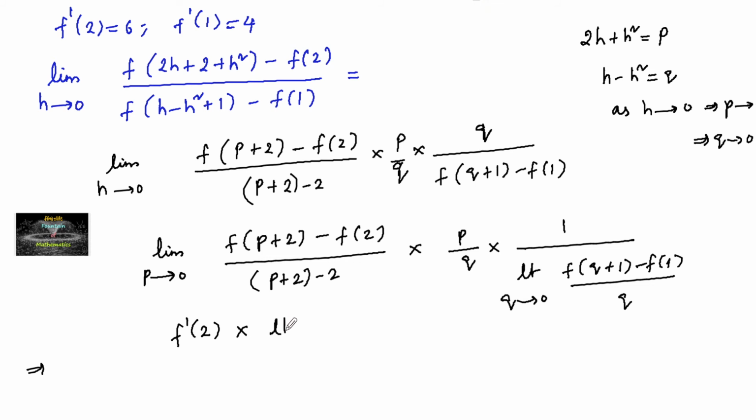We can write here limit h tends to 0, p is 2h + h², so taking h common, h(2 + h), divided by q, where q is h taking common, h(1 - h), into 1 divided by f'(1).